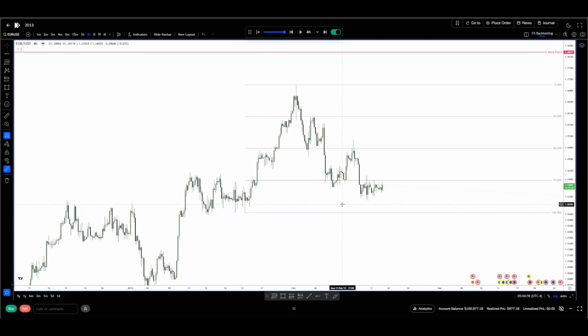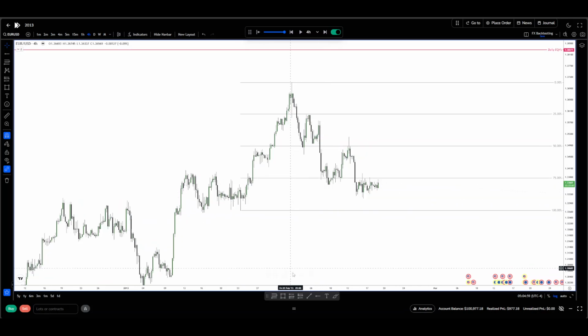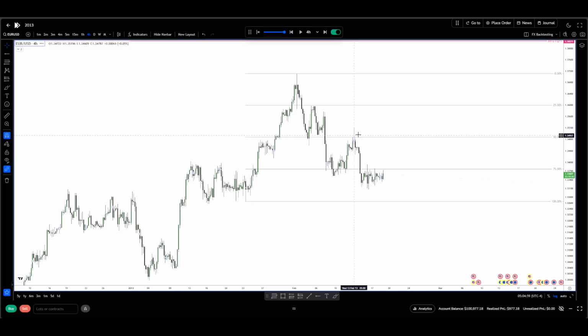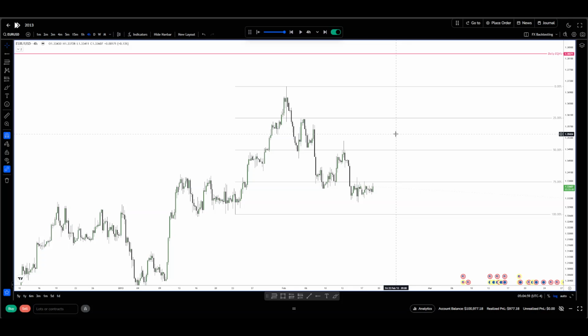So we might take out this low, but we did also take out those two equal lows resting right here. And now price is consolidating. So if it really wants to take out this low, maybe it did so already. But I think since we're accumulating below these two lows and the overall price is bullish, and we are accumulating here, I think we'll go up again to at least take out this high or something.